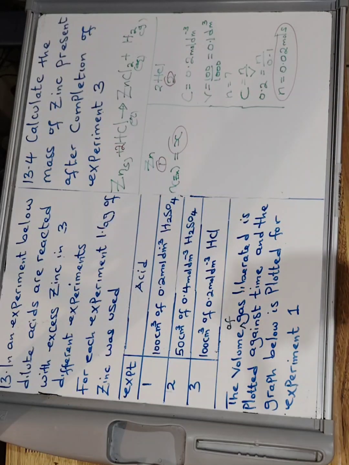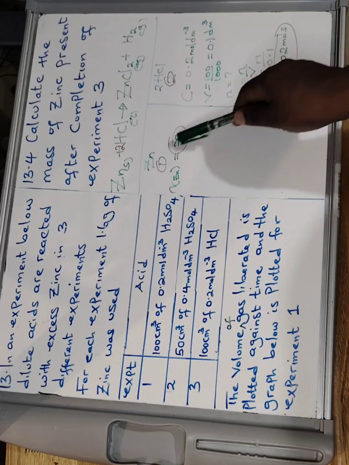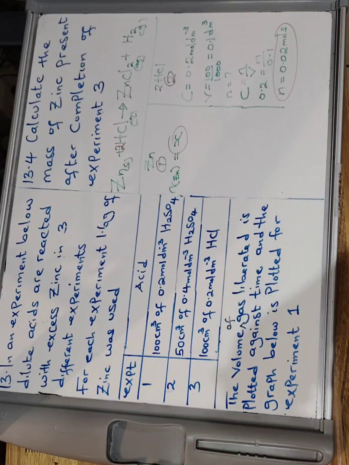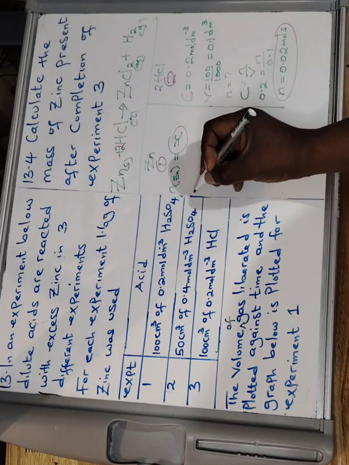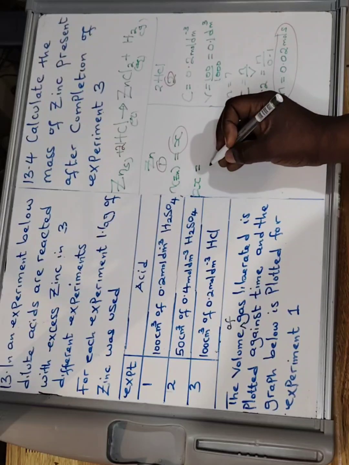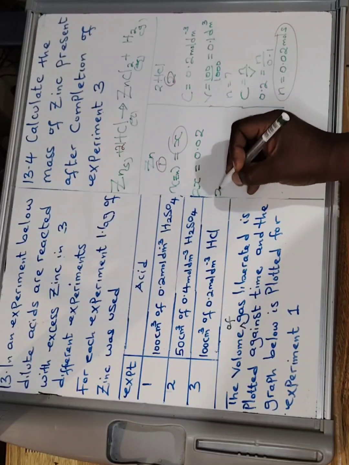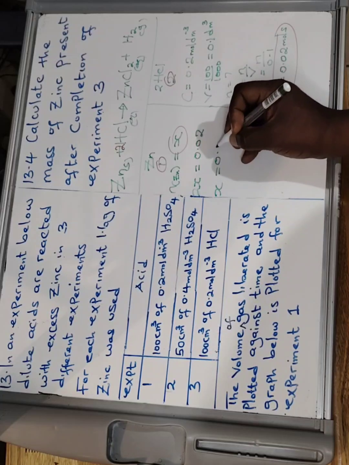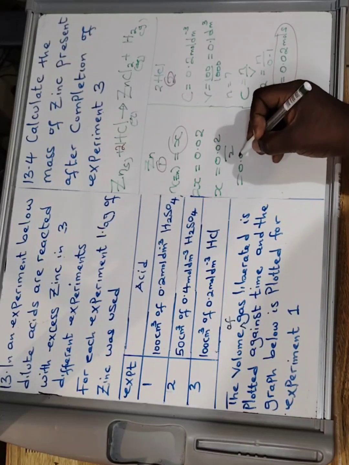So we are dealing with directly proportional ratios. This one is multiplied by this and this one with this. So we get 2x is equal to 0.02, so our x is 0.02 over 2, giving you 0.01.